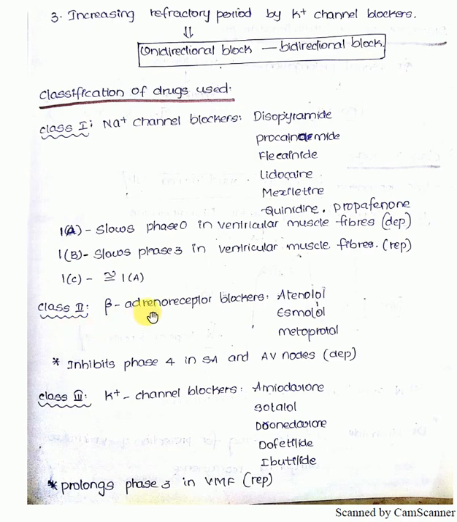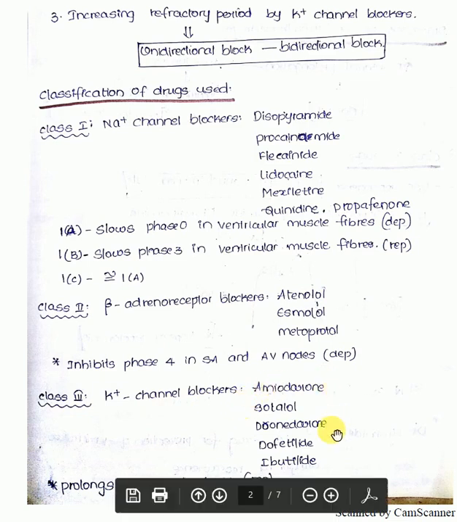Class 2 drugs are beta adrenoceptor blockers. Examples: atenolol, esmolol, metoprolol, sotalol, pindolol, etc. Class 3 drugs are potassium channel blockers. Examples include amiodarone, dronedarone, dofetilide, ibutilide and sotalol.